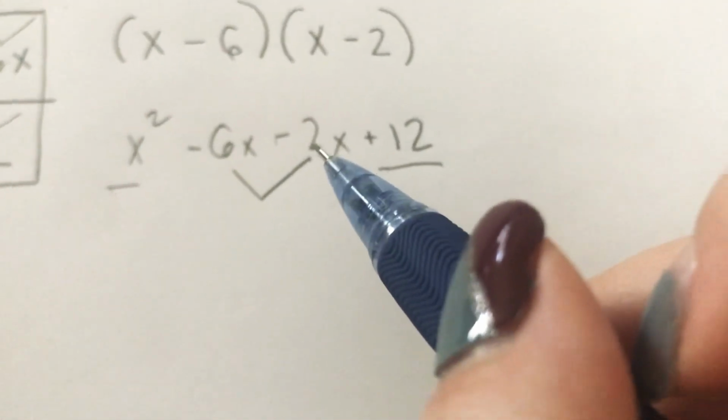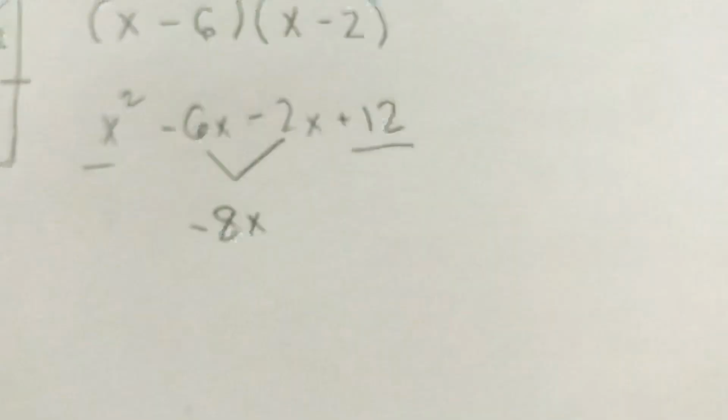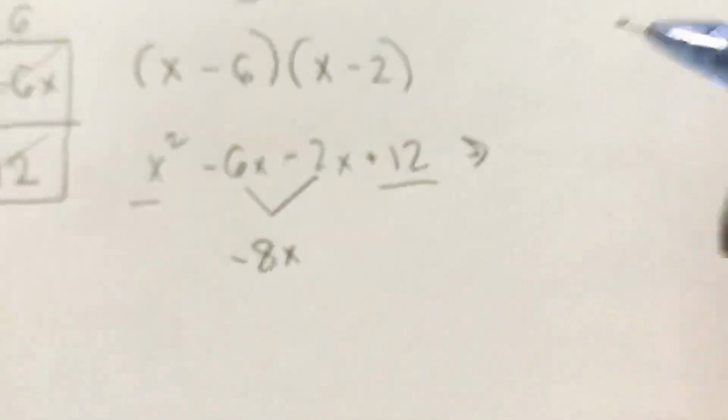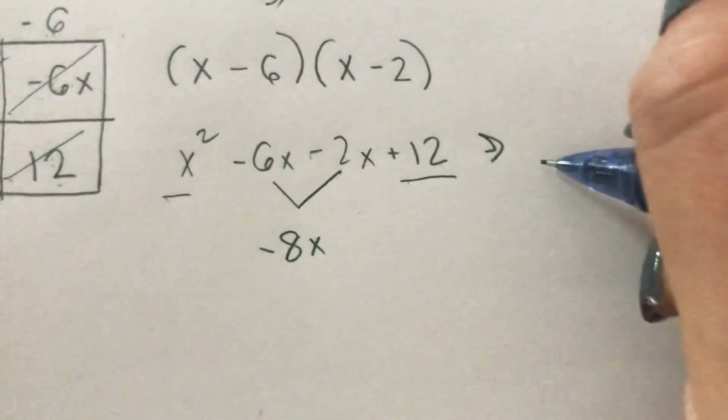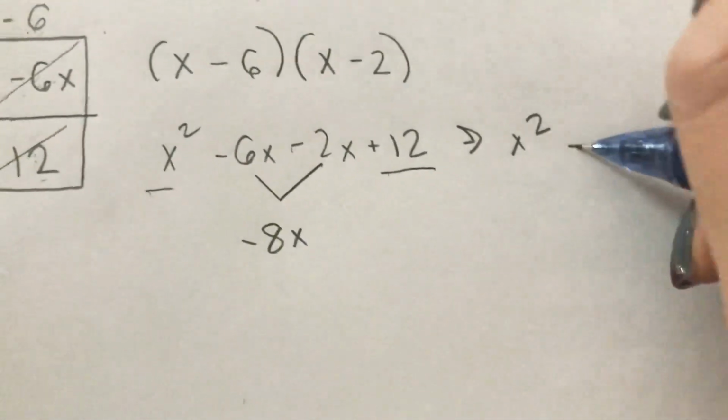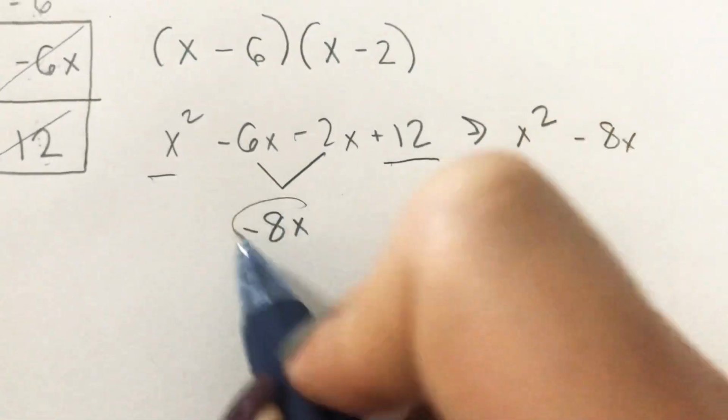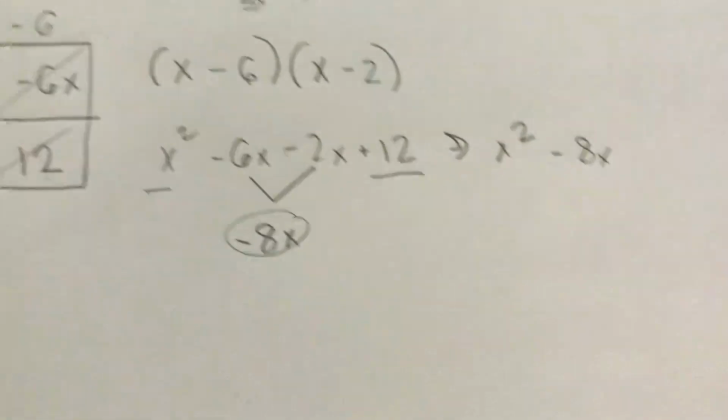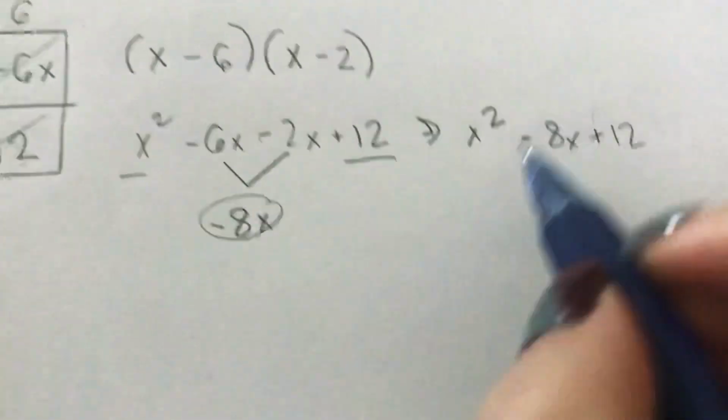-6x minus 2x, we're getting even more negative, is -8x. So I'm going to write this out in its final form. We have x squared minus 8x, using this down here after combining, and then plus 12.